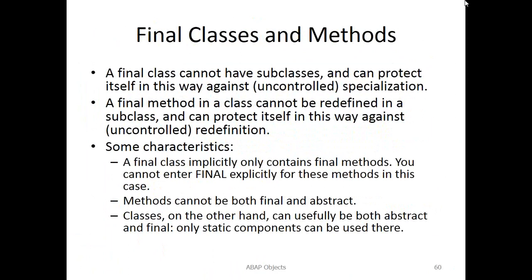Final class means we cannot inherit further. If a class is both abstract and final, then it is useless. So what is an abstract class? Abstract class methods have no implementation. Whenever you derive, there you can do the implementation.